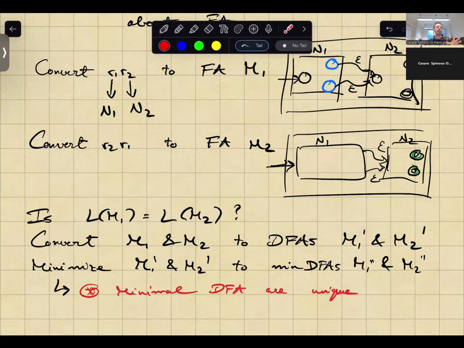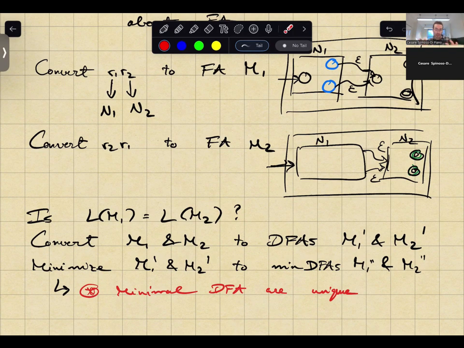Minimal DFAs are unique means that if I had started with two different looking DFAs which accepted the same language, when I minimized them, I would have gotten exactly the same machine. Maybe just the names of the states would have been different, but in terms of the architecture of the machine, they would have been exactly the same.